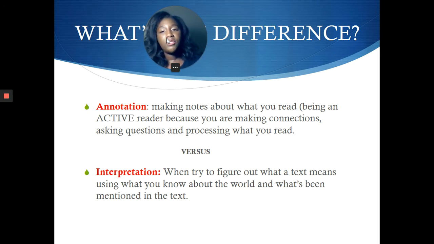It's about remembering what's going on so that later on down the line, you can make an interpretation without having to go back to the story and read. I don't like doing things twice. Do it right one time, get it over and done with. So annotation helps you prevent going back to reread information to figure out what's happening. Interpretation is really the art of trying to figure out what that subtext means, what those symbols mean. So they are different. You cannot use those words interchangeably. It's not going to happen.